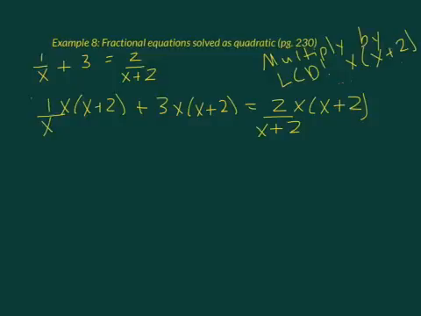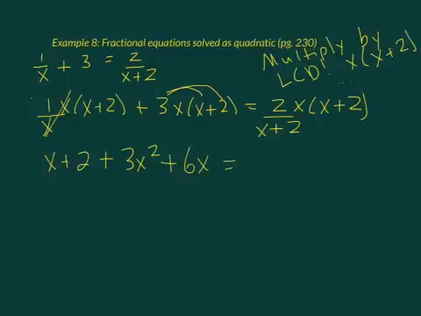Now, here's where the fun happens, because we see we can cancel some things. So those x's cancel. So this term, we just have x plus 2. For this middle term, go ahead and distribute that. So that's 3x squared plus 6x. And this last term, the x plus 2's cancel. So it just equals 2x.